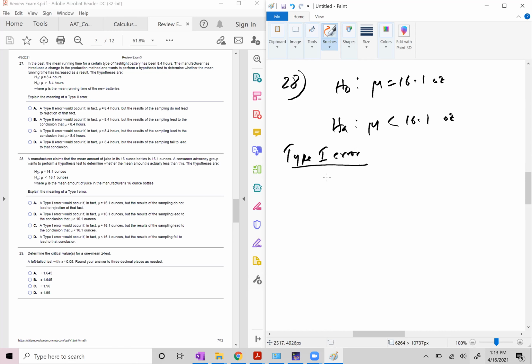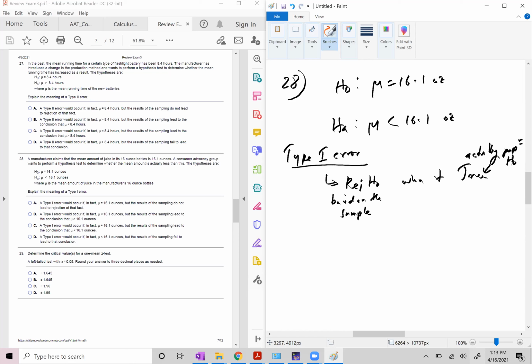Now, you need to know what type 1 error means, right? Type 1 error means reject the null when it is true. That's how I remember it. That means reject the null based on the sample values, but actually, in the population, the null is true. H naught is true.